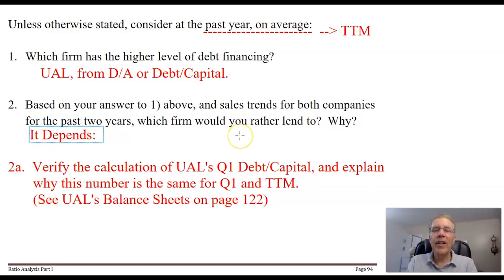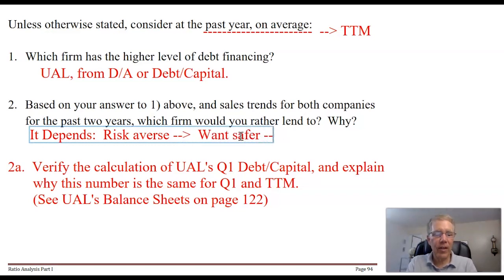Okay, and if you are an investor that is risk averse, like the conservatives, when we did the conservatives and cowboys, then you'd want the safer one, and that's going to lead you clearly to Southwest because it's got lower financial leverage.